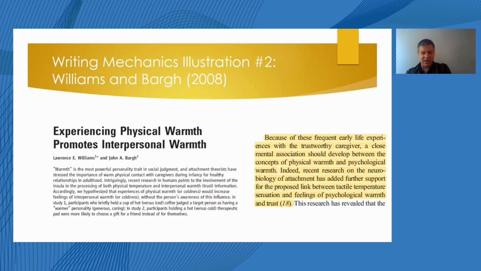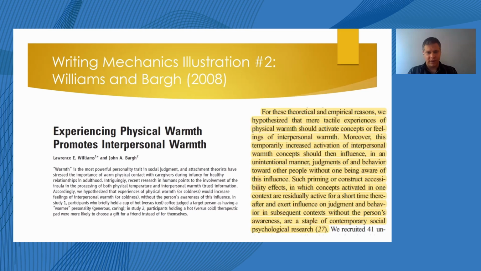And the other nice thing is he goes even more recent. When you look at work in the neurobiology of attachment, you see these same themes, applying to other kinds of indicators of warmth and acceptance and comfort and things like that.